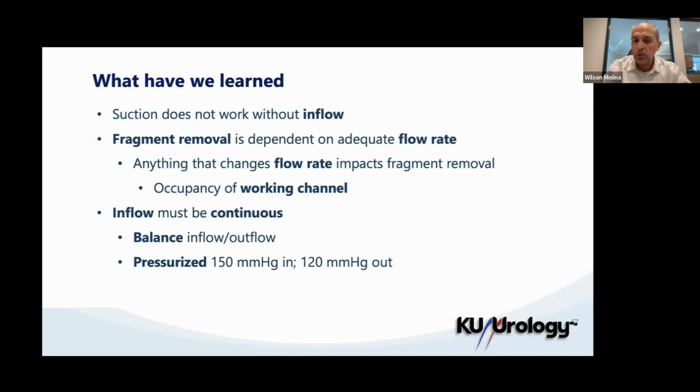But now, once we go to the modern era, Steph is going to talk about those systems that can automatically control the inflow and outflow. What matters is that you work in an environment that is not collapsed, but good enough to retrieve the stones. And the speed of retracting the ureteroscope is really similar to the vortex effect, as I showed in the video.